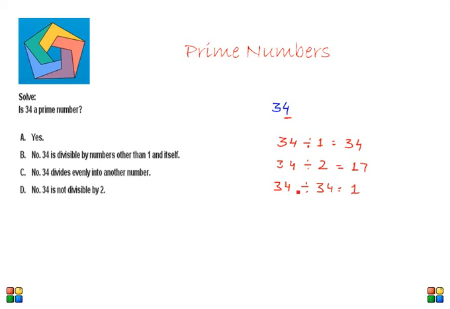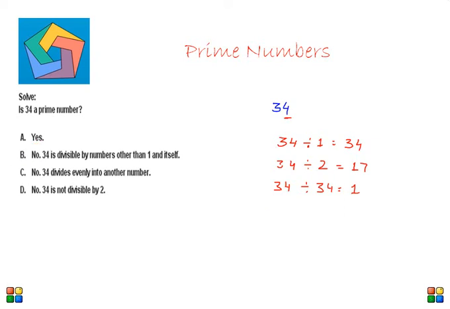So we see here that it has more than 2 factors. It is not a prime number. We have got so many points to say that this is not a prime number. So the answer cannot be yes. So what should be the answer?